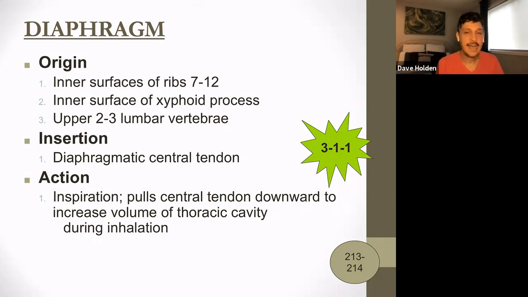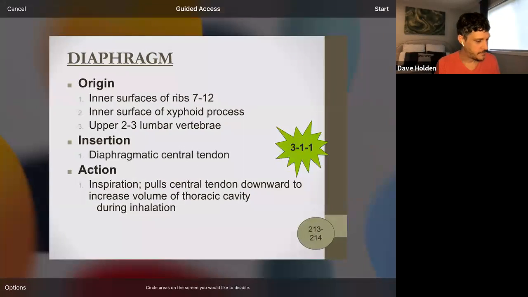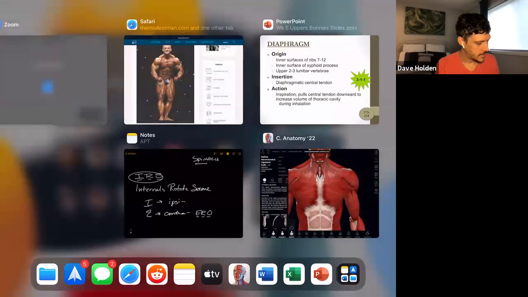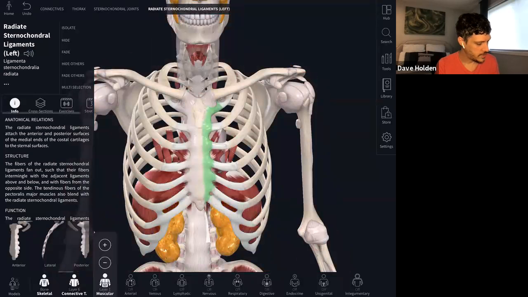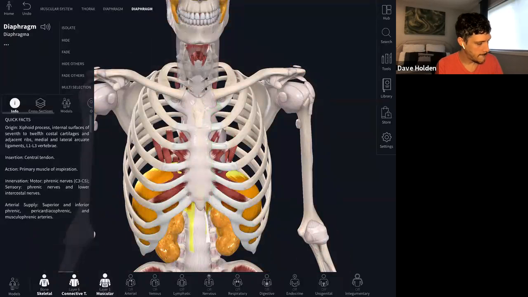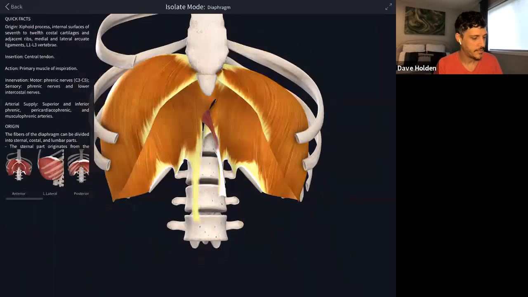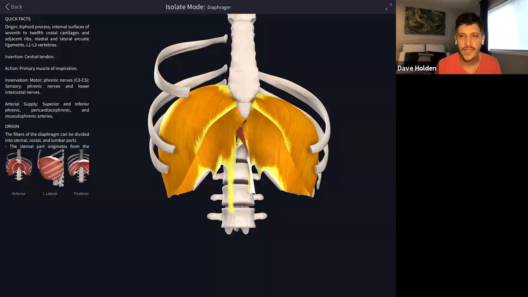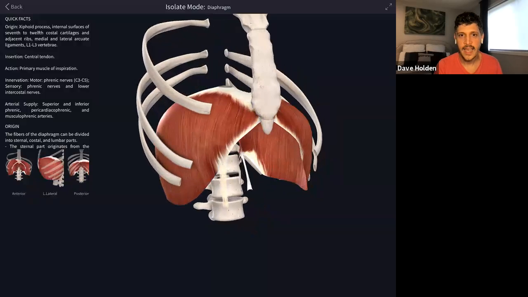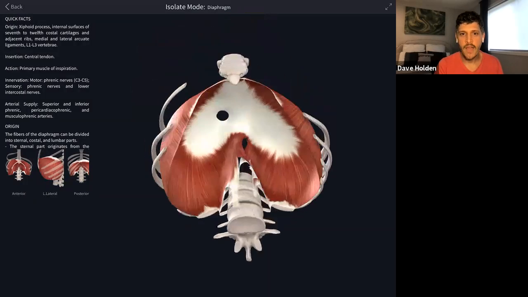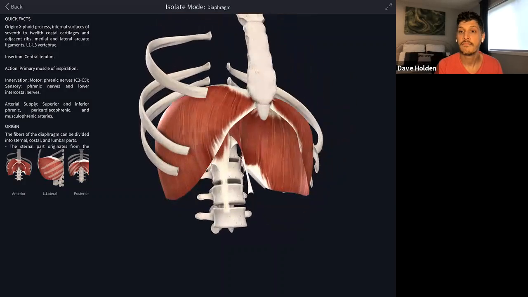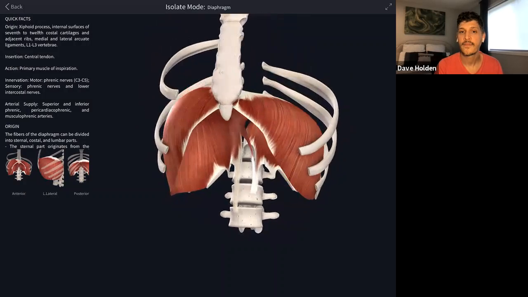All right, last muscle for today is the diaphragm. This is one of the deeper muscles. Bam, there it is. Look at that distinct shape. I know of no other muscle shaped like this. If I had to put a name onto this, I would say it's shaped like an umbrella, right?